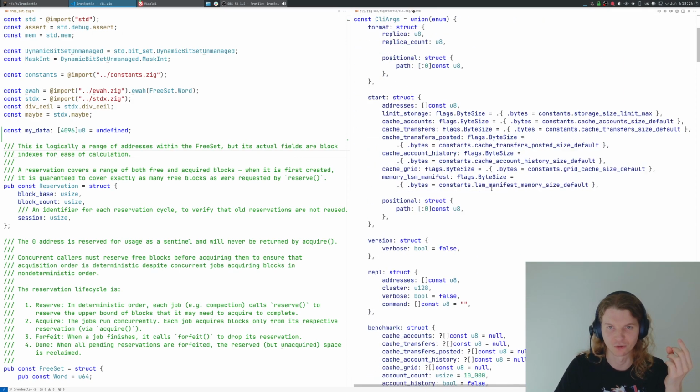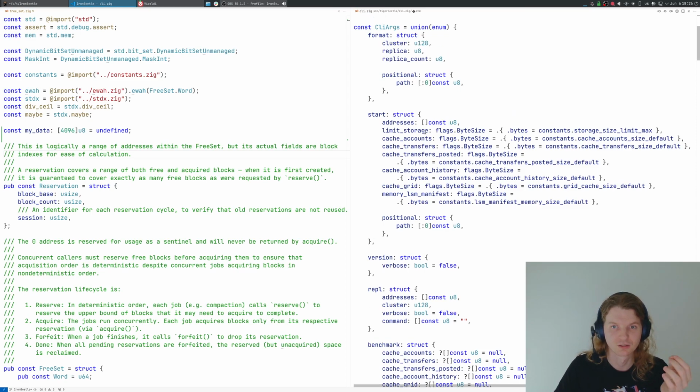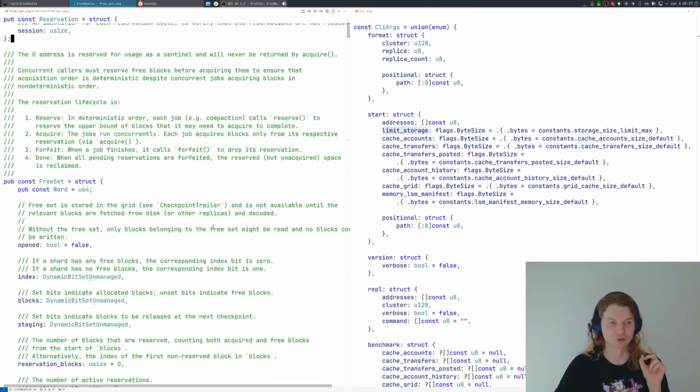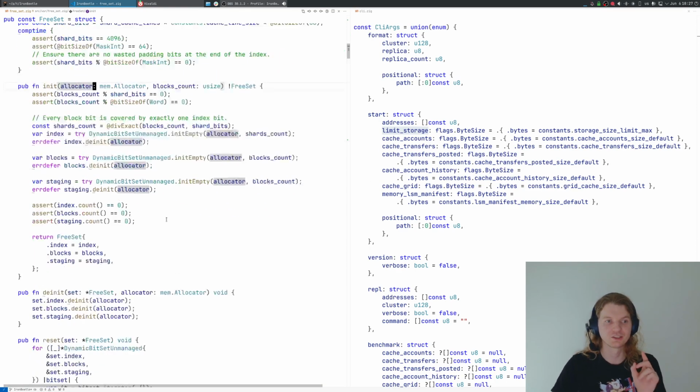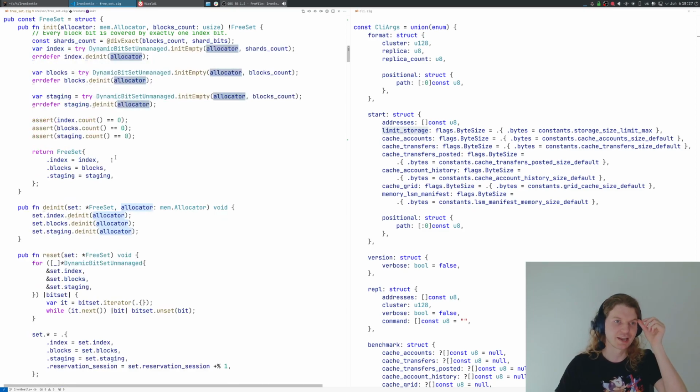As we've seen today, we parse the storage limit, and the storage limit defines the size of the FreeSet we allocate. But the crucial thing is that we only allocate in this init method. We take the allocator in the init, then we allocate memory, but after that we don't use the allocator anywhere.